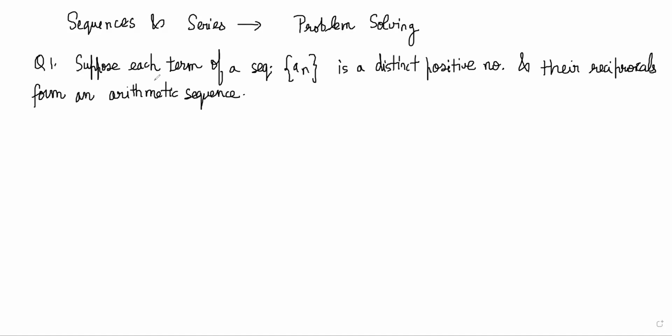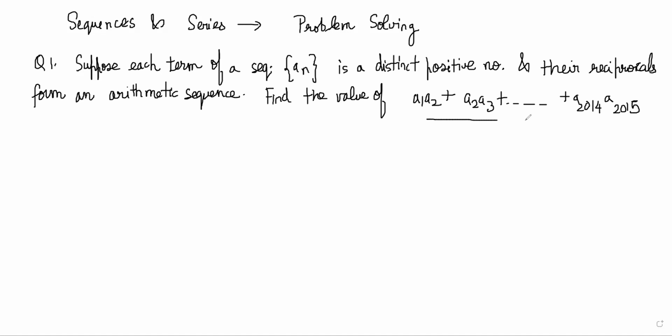So the reciprocals of the terms of the sequence form an arithmetic sequence. You have to find the value of a1 a2 plus a2 a3 and so on till a2014 a2015 divided by a1 into a2015. You have to find the value of this expression.